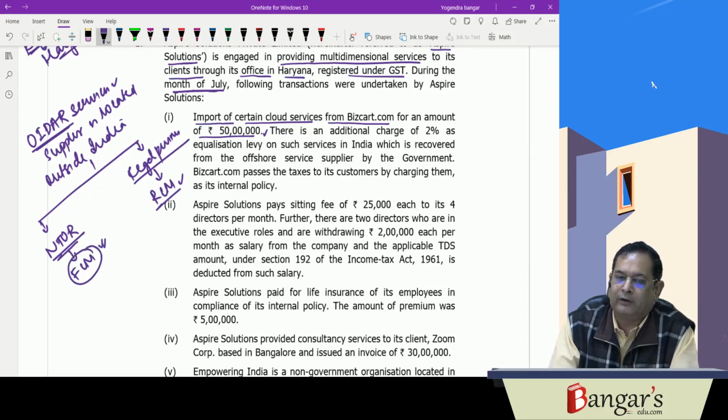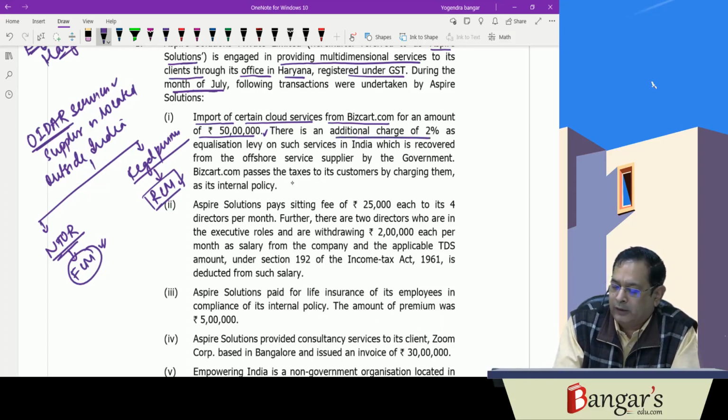Here Aspire Solutions is a registered person, so on this import of service, RCM will be applicable. Further, it has been provided that there is an additional charge of 2% as equalization levy on such service in India, which is recovered from the offshore service supplier by the government.